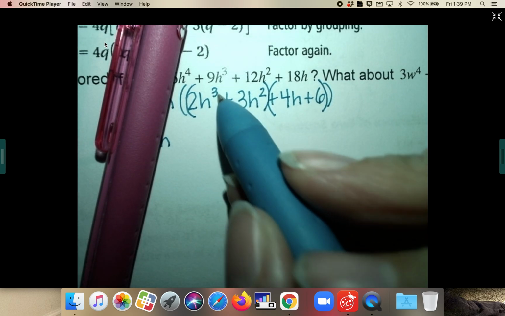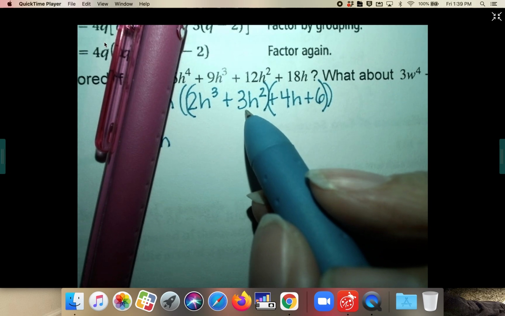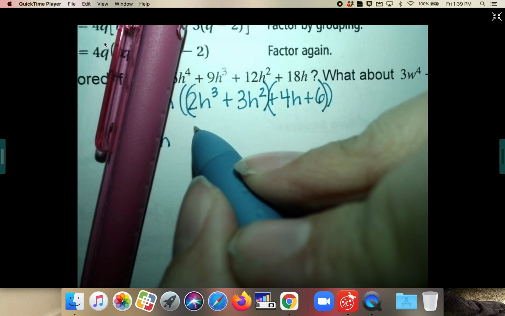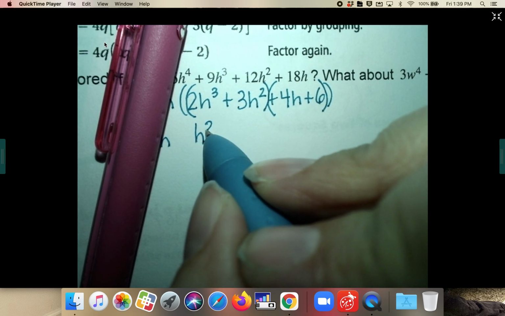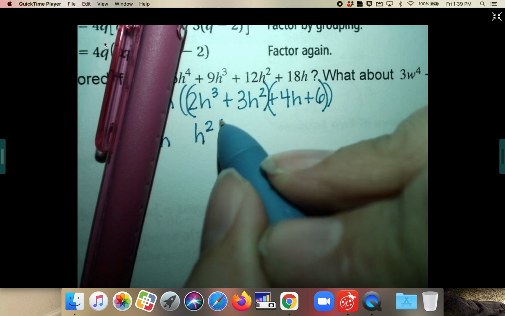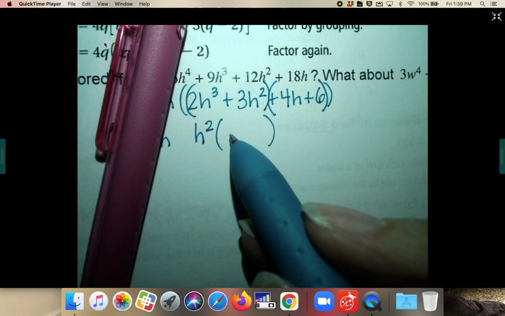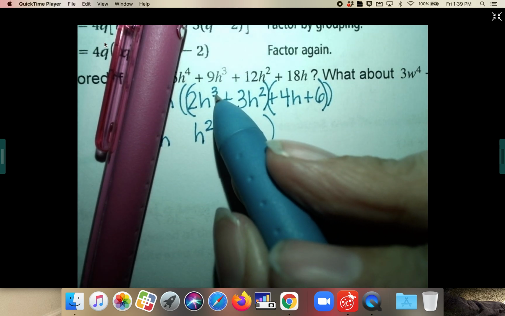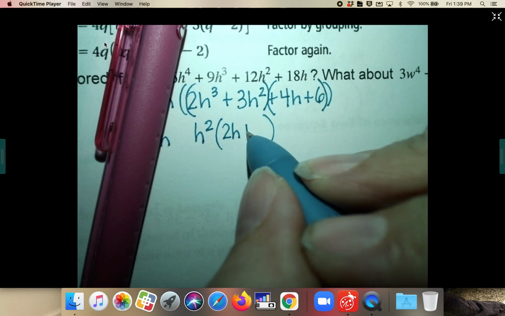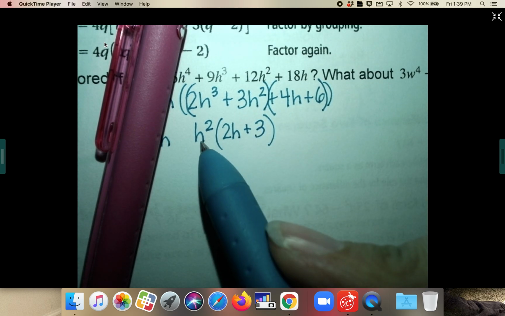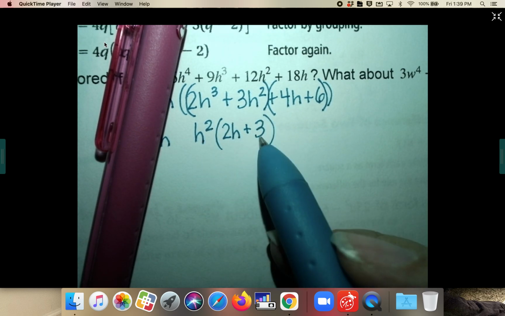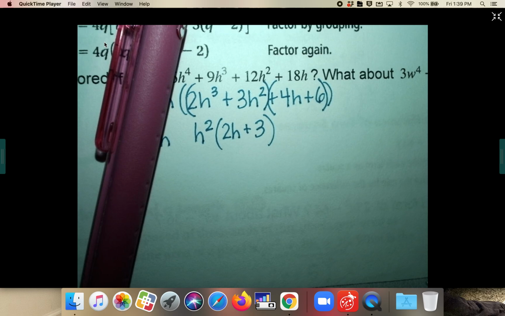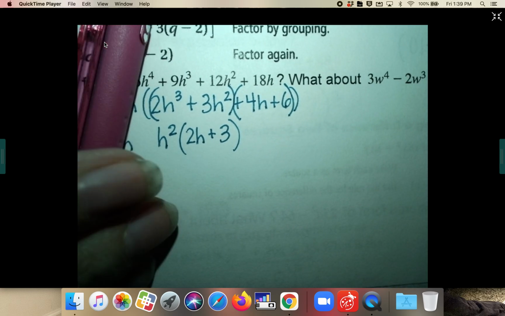I can pull out of 2h cubed and 3h squared an h squared. And what it would leave inside would be 2h, because I need there to be 3 of them, plus 3. H squared times 3 is 3h squared. Okay, we're done with that part of it.